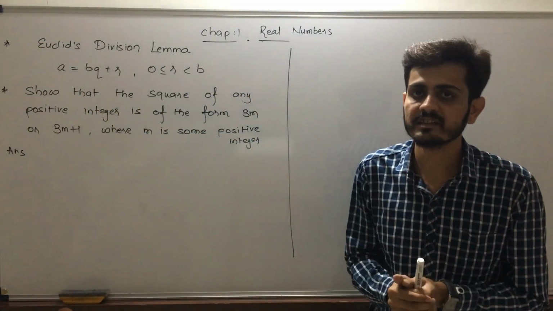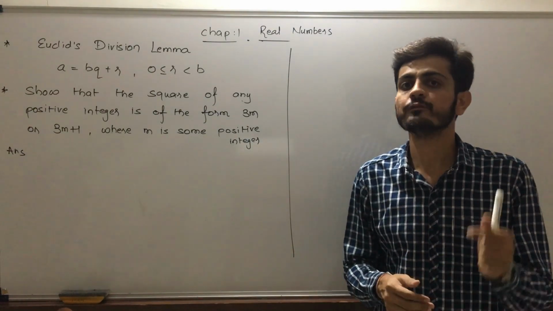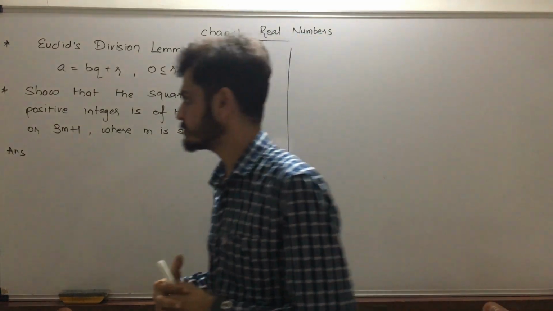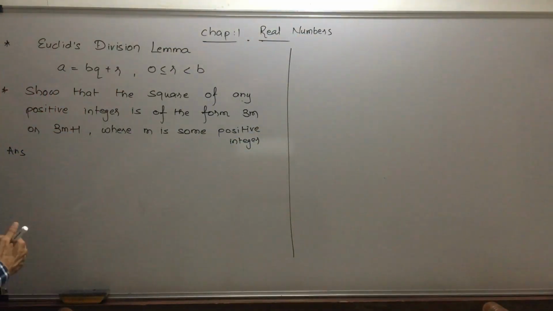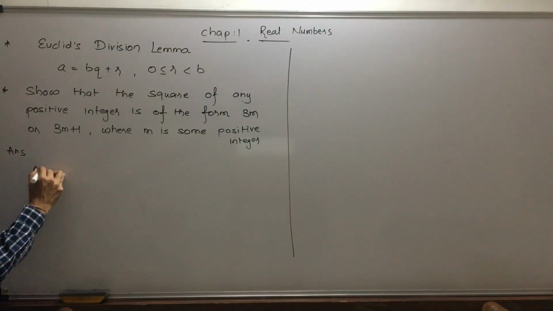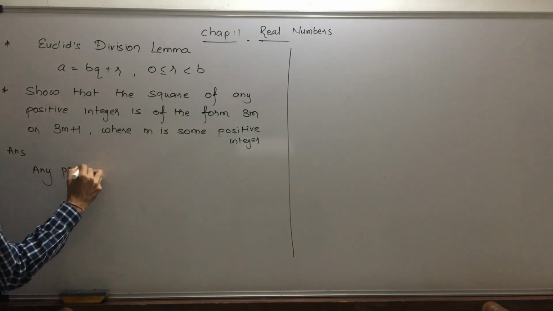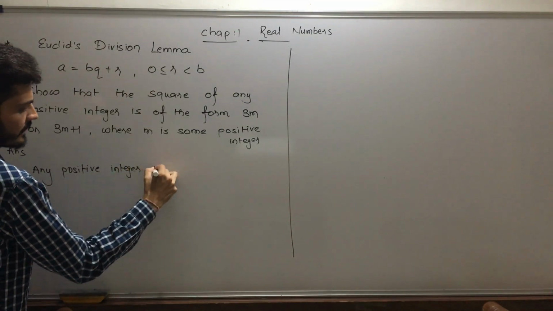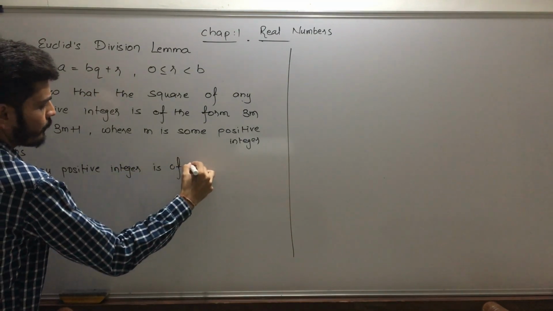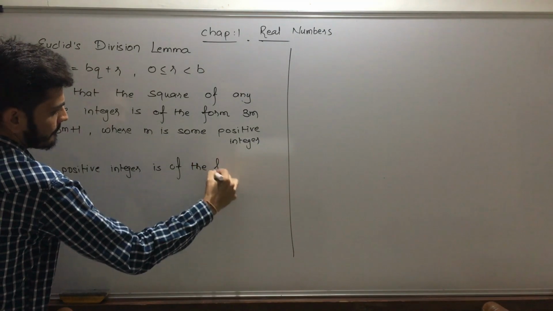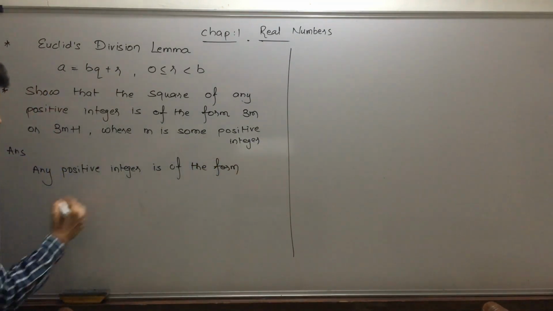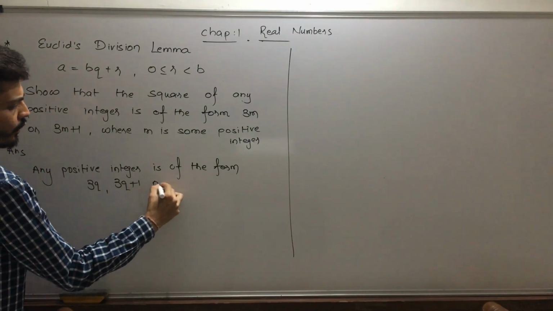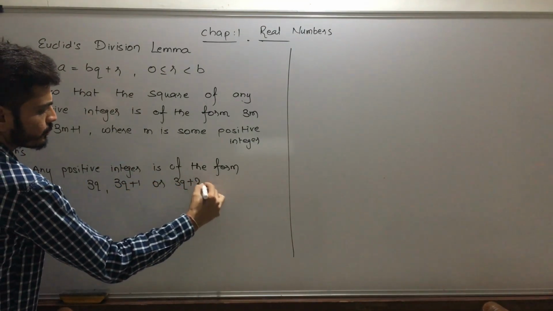In this type of question, any positive integer is always of the form 3q, 3q plus 1 or 3q plus 2.